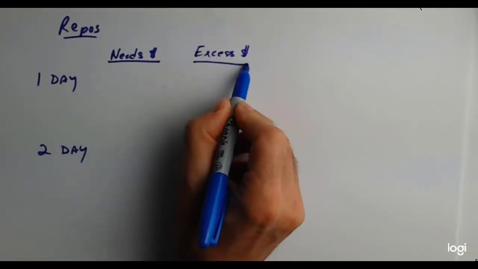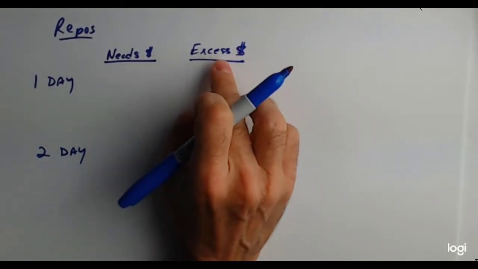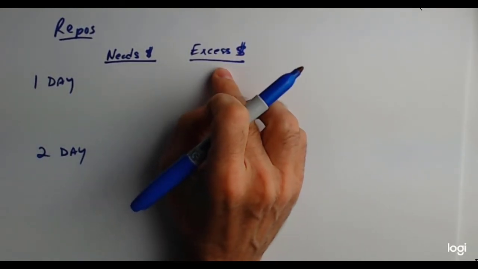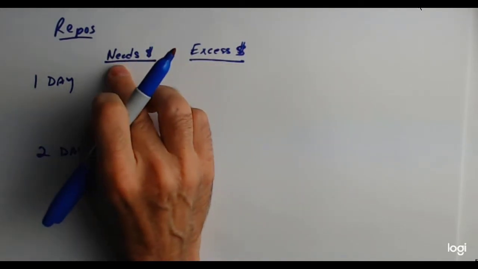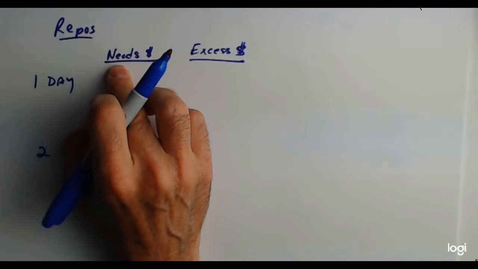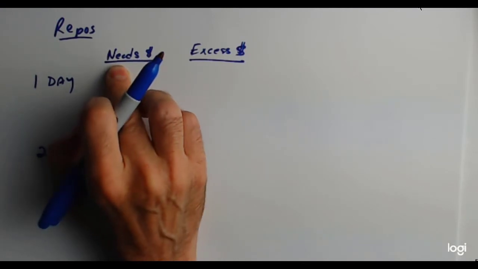A bank or a securities dealer with excess money doesn't want to hold it because there are opportunity costs associated with it. And there are organizations like banks and securities dealers that need money on a continuous basis because they buy securities. At any given point, they don't know if they're going to buy securities or not.